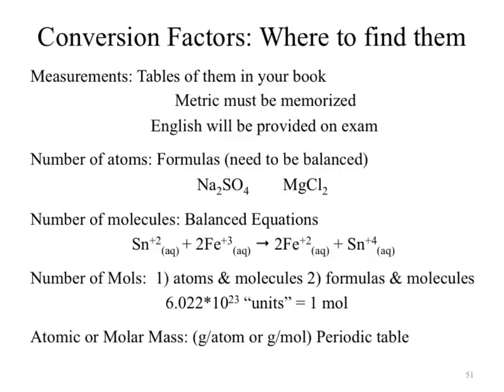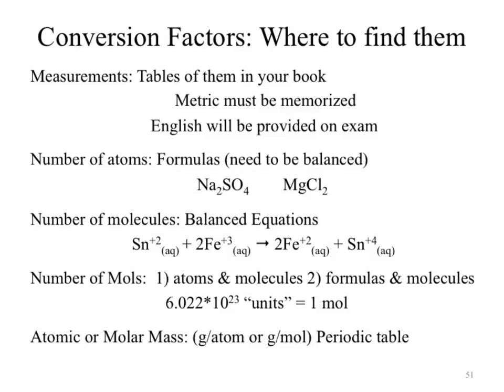So we started with conversion factors, individual measurements, converting grams to milligrams, converting liters to centimeters cubed. You did all that in Chapter 2. The metric conversions you're required to have memorized. We talked about the ones you need to have memorized. Which ones were they? Milli, centi, kilo.